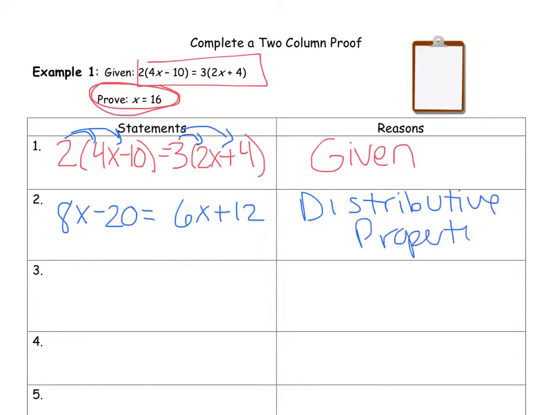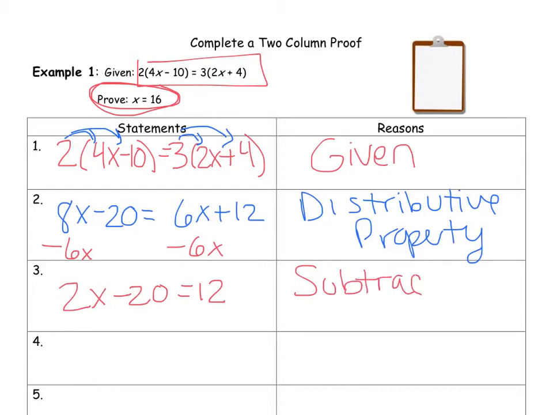Okay, now when you look at your equation, we want x's on one side. So you would probably subtract 6x, subtract 6x. So your next statement would be 2x minus 20 equals 12. And your reason is your subtraction property. We're still trying to get x by itself.